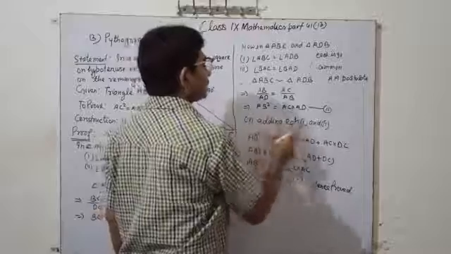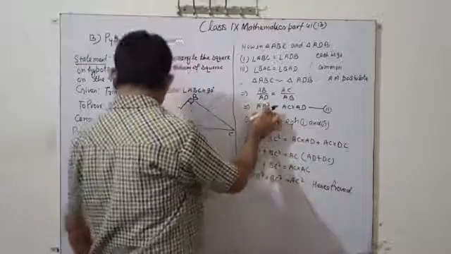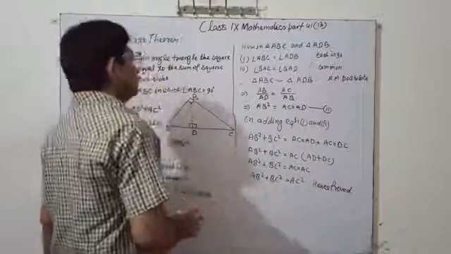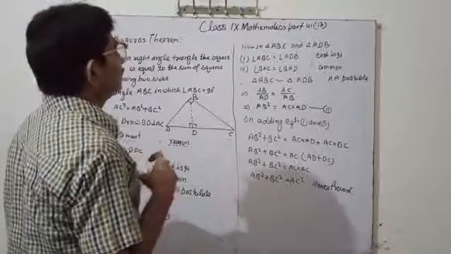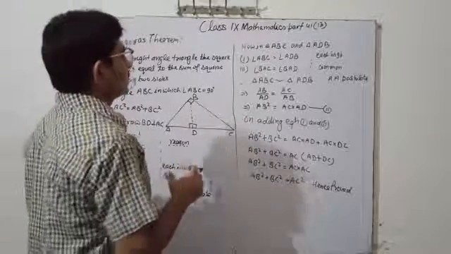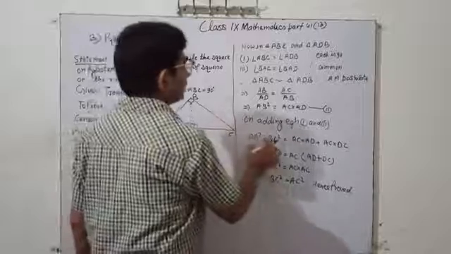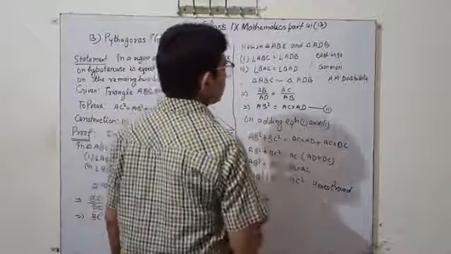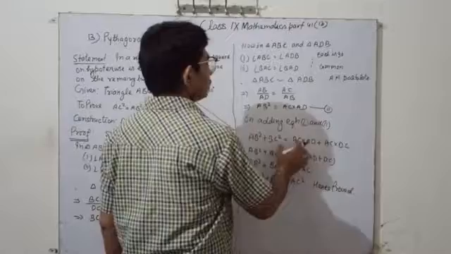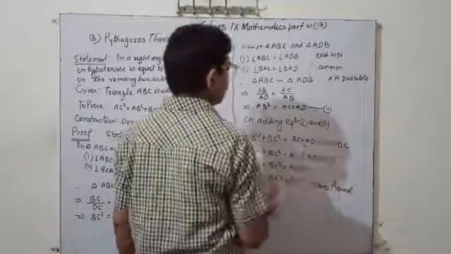On adding equation 1 and 2, we get AB square plus BC square, left hand side sums, equal to right hand side sums, AC into AD plus AC into DC.